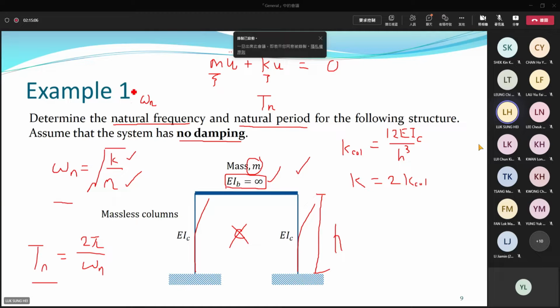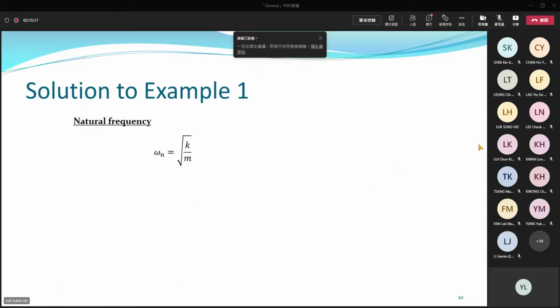Example 1 is just asking you to understand this equation, omega n equals square root of k over m. Useful equation. Please remember these equations. Stiffness equal to 2 times the column stiffness.